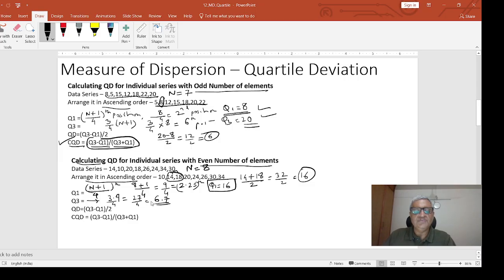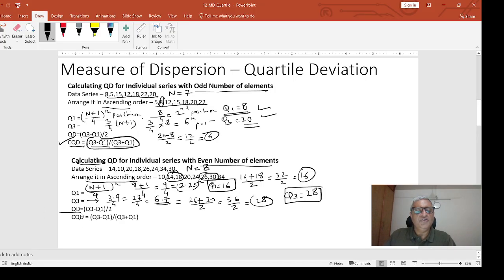Now again, you know 6.75 lies between the 6th and 7th positions. So 1, 2, 3, 4, 5, 6. So 26 and 30 is what I have to take the mean of. So 26 plus 30 divided by 2, which is 56 divided by 2, which is 28. So my Q3 is equal to 28.